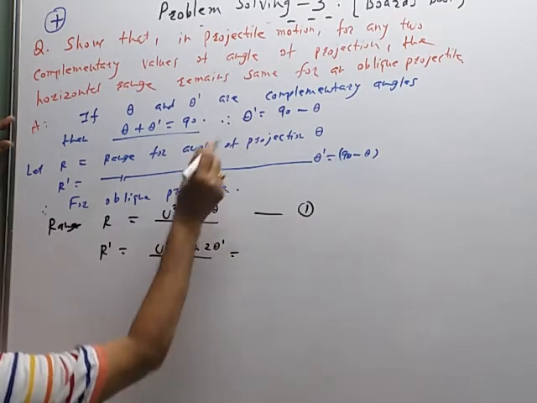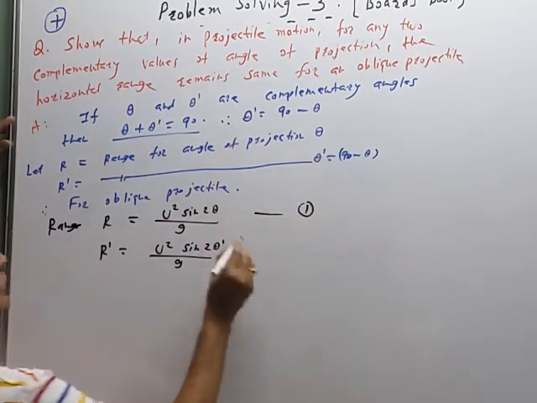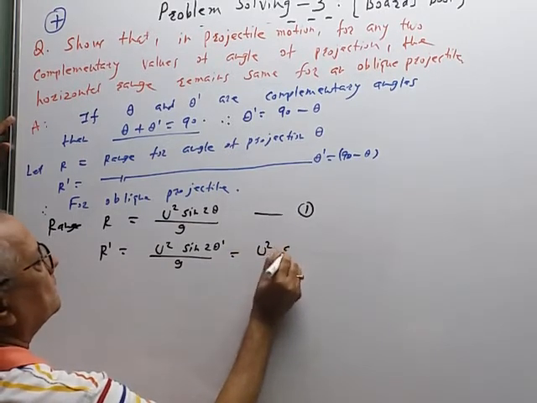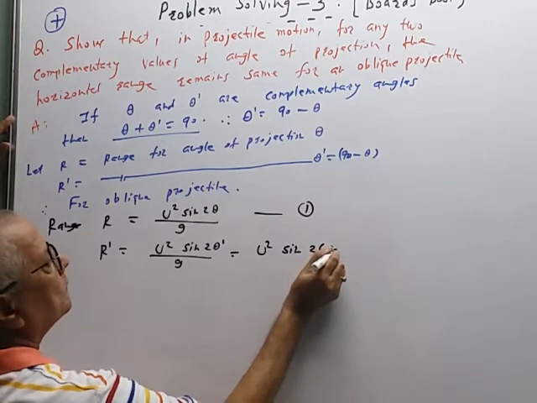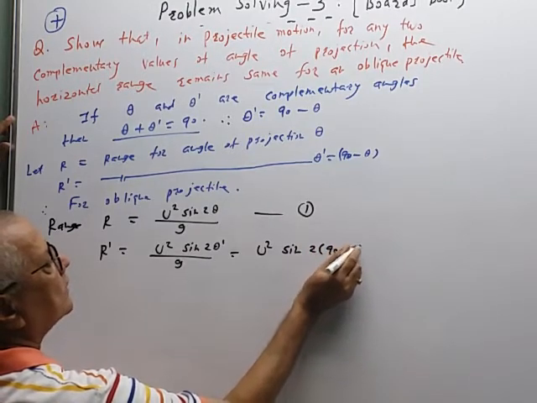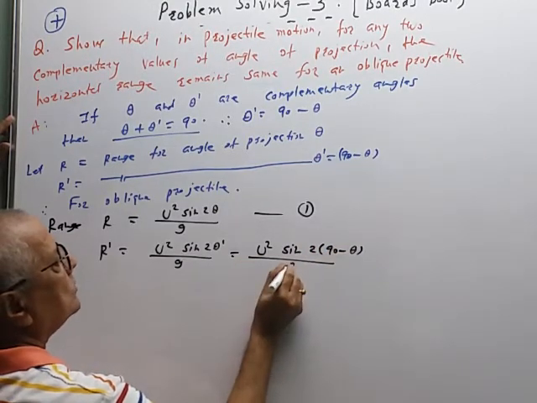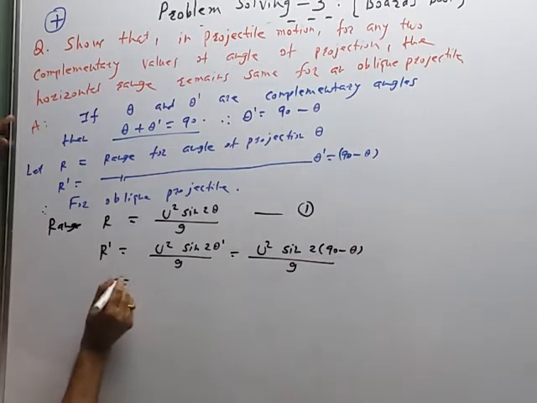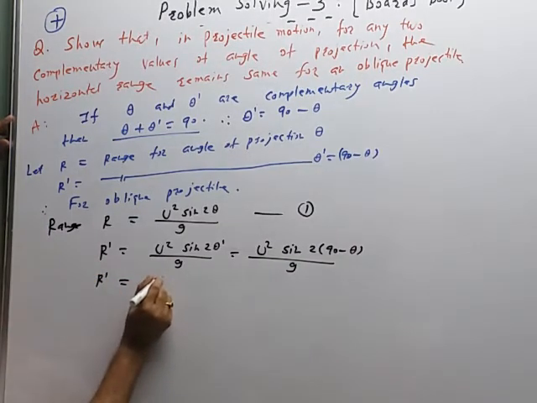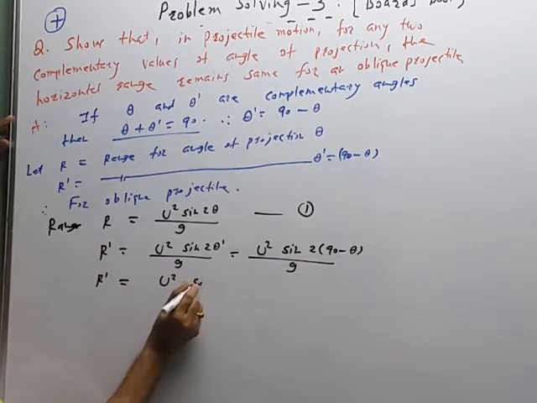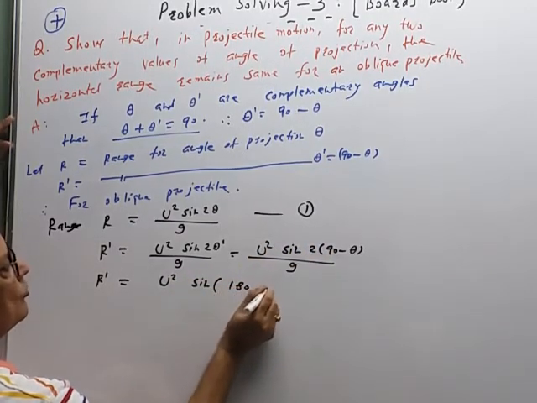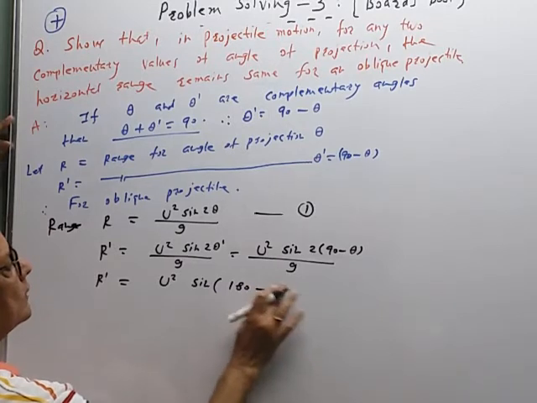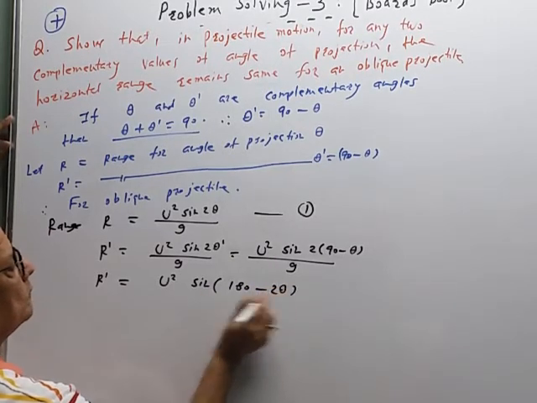Now put this value: u square sin of 2 into bracket 90 minus theta, upon g. Now this 2 is taken inside the bracket, so sin of 180 minus 2 times theta, upon g.